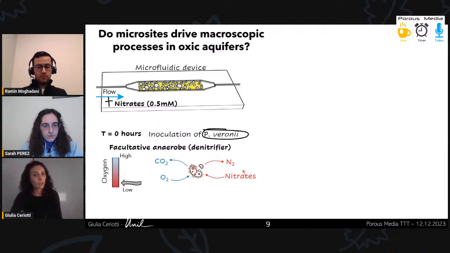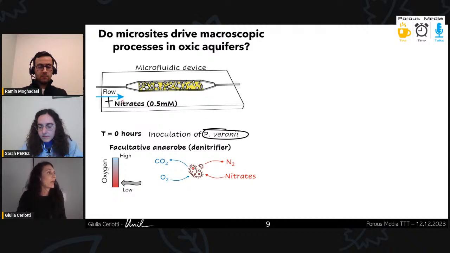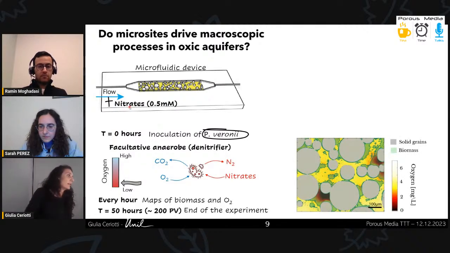Of course, since Pseudomonas veronii can use nitrates as electron acceptor, we had to add some nitrates to our input, so to the inflow, just to allow veronii to use nitrate when it wants to. The rest of the experiment is very similar to what I've done before.